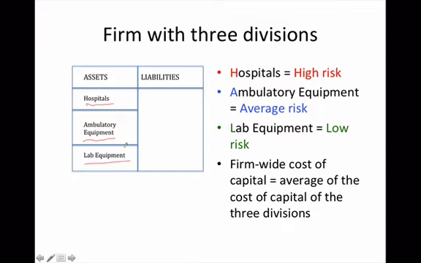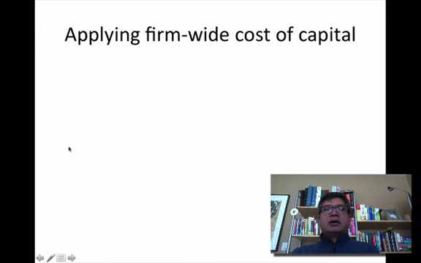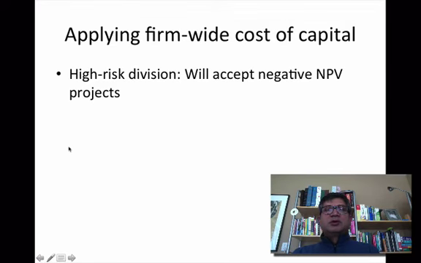Now, you can calculate a firm-wide cost of capital for this company. It would be the average of the cost of capital of the three divisions. And you can apply the firm-wide cost of capital for discounting the projects in each of these divisions.